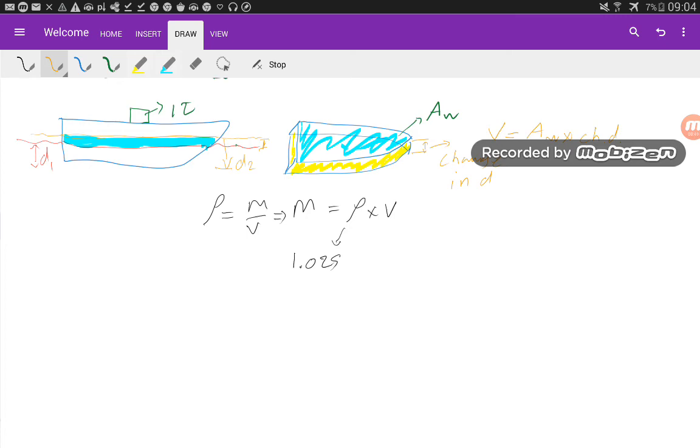Let's see, if we have a vessel and we add 10 ton of cargo, and we know the water plane area is, let's assume, 200 square meter. So now you try to find how much is the displacement for that, how much will be the change in the draft.